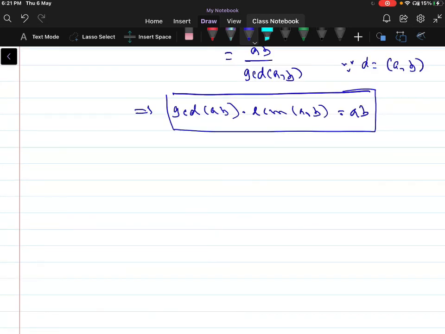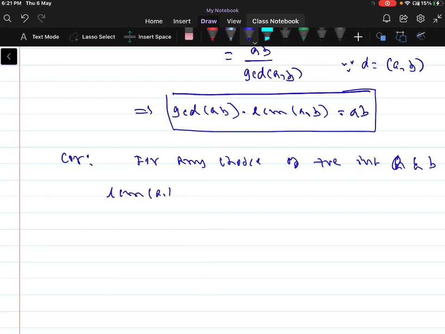So now let us move to the corollary. For any choice of positive integers A and B, LCM of A comma B is equal to AB if and only if GCD of A comma B is equal to 1.